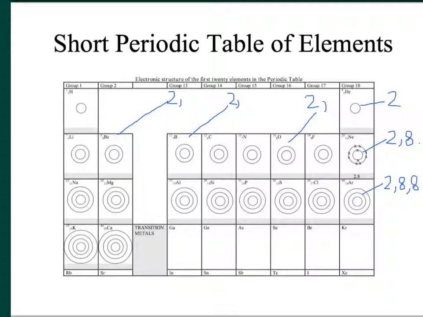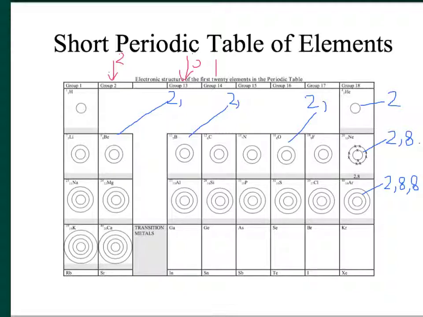What we actually do is we need to look at the last number of the group. So that's 2 there, because the last number of 2 is 2. Last number of 13 is 3. Let's just put the 2 in there.